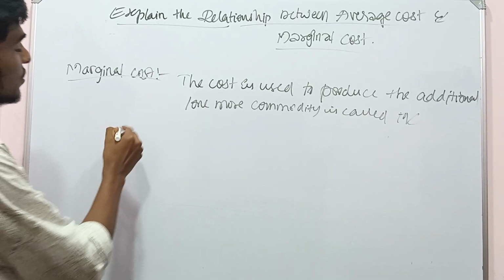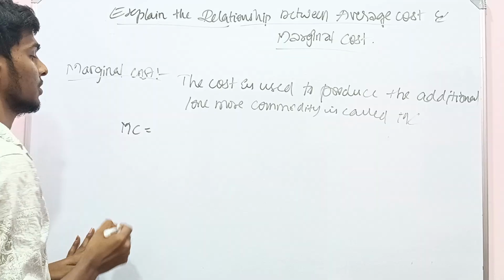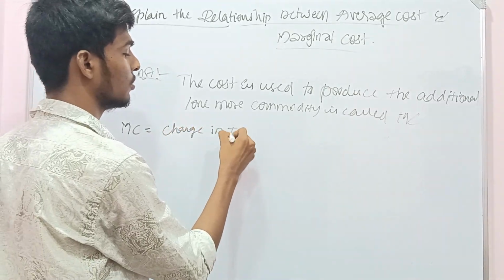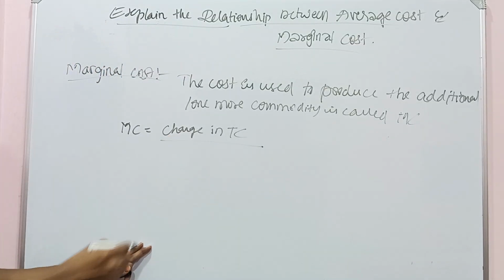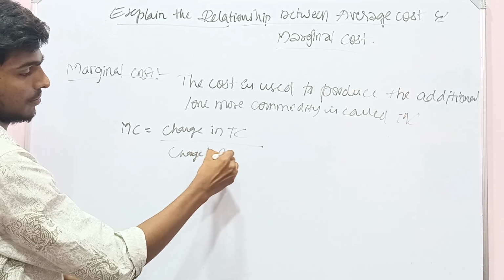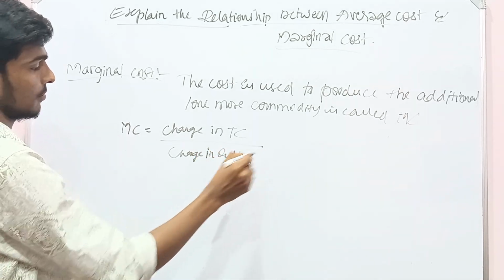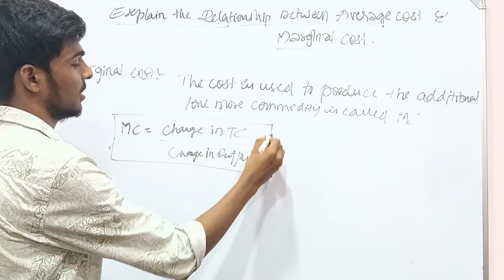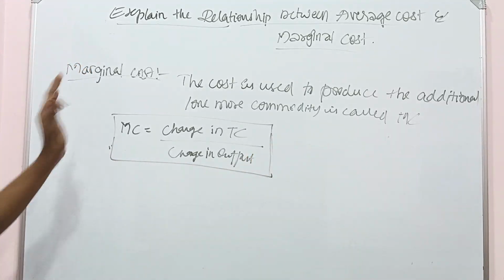The marginal cost formula is equal to change in total cost by change in output.